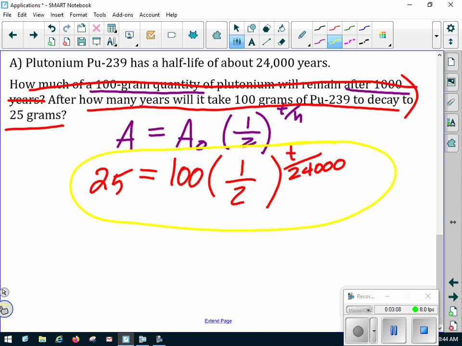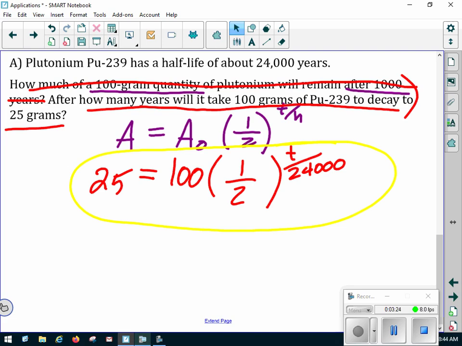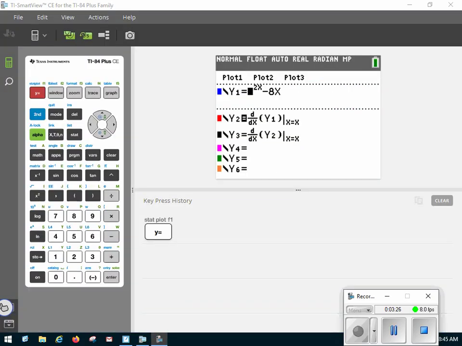Okay, so we're going to go to your calculator, and I'm going to show you how you're going to type this equation in. Where's the rest of it? Now, listen, if you've got anything on your screen, I want you to clear it.